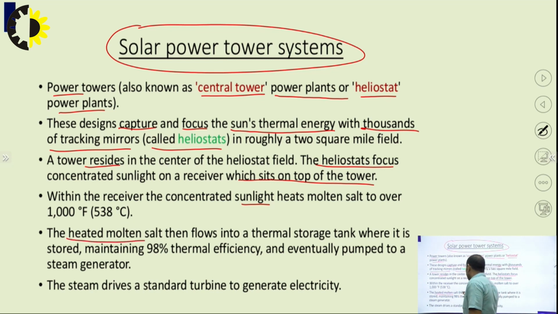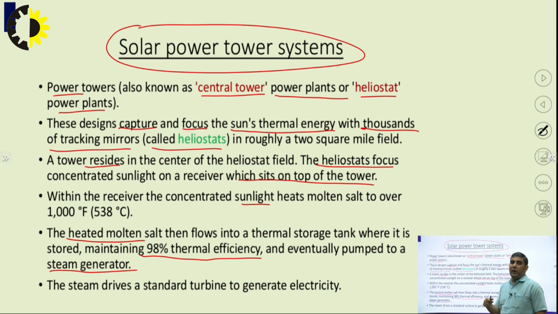The heated molten salt then flows into the thermal storage tank, where it is stored and maintained at around 98% thermal efficiency, and eventually pumped to a steam generator, which converts it into steam for electricity, and energy can be stored in the thermal energy storage system for later use when sunlight is not directly available, in the evening or specifically at night.